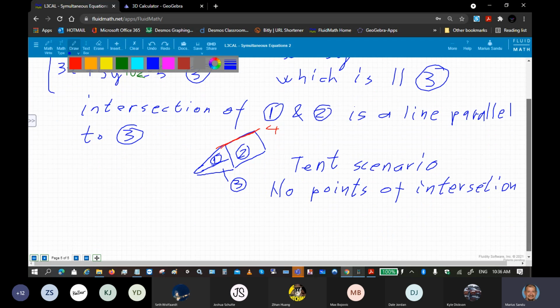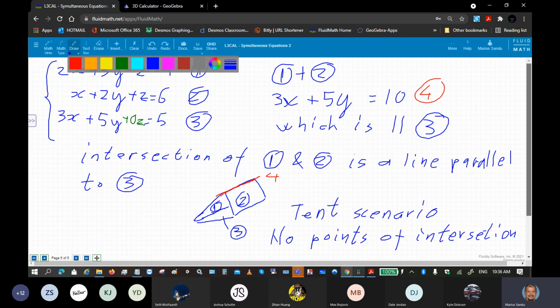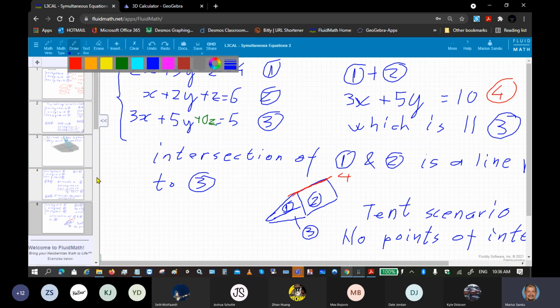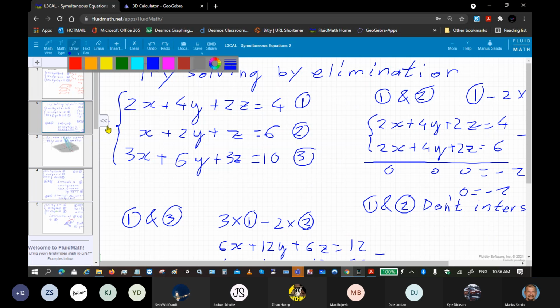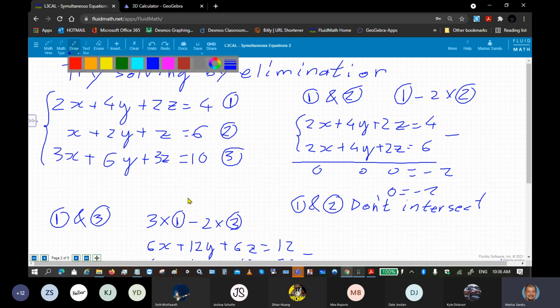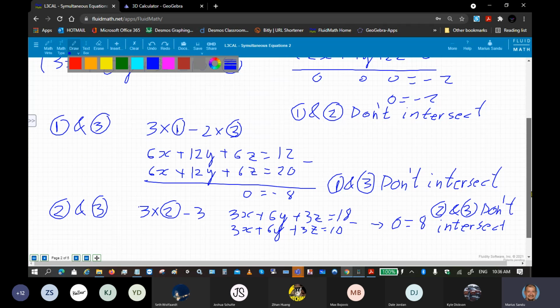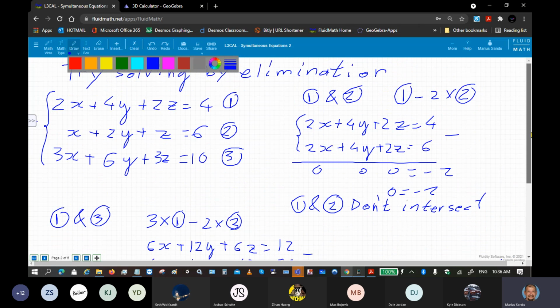All right. Now, one other thing I'd like to mention. So we've been through a couple of scenarios. I've got this one here. So 1 and 2 do not intersect. Yes, 1 and 3 do not intersect. Whenever you've got this, all these are inconsistent. Yes.